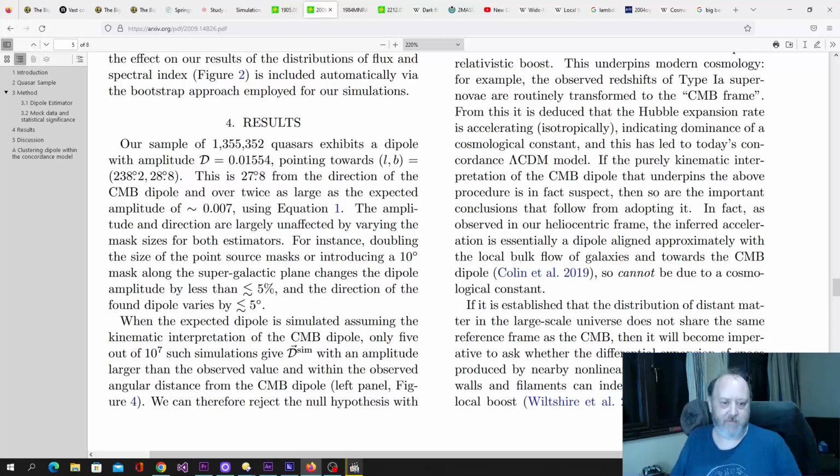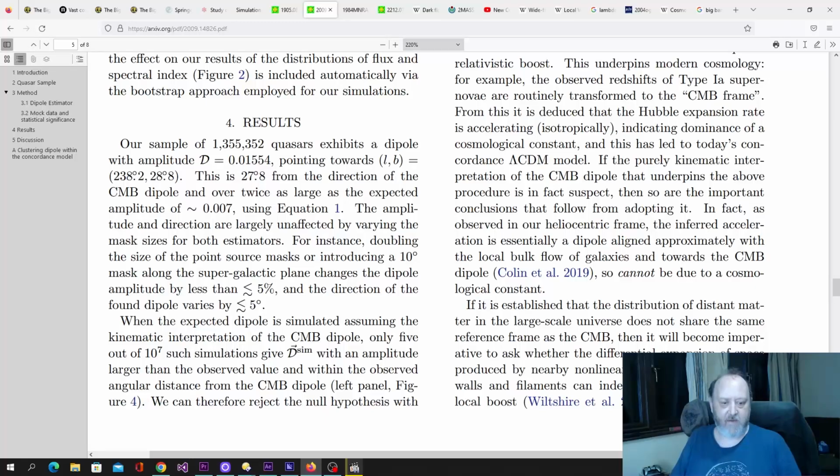So even trying to adjust the results, they're not finding it aligning with the CMB dipole. When the expected dipole is simulated, assuming the kinematic interpretation of the CMB dipole, only 5 out of 10 to the power 7 such simulations give an amplitude larger than the observed value and within the observed angular distance from the CMB dipole.